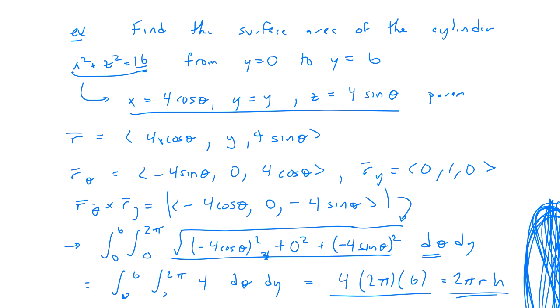So as I said, we didn't really need it. This one you could unroll and see as a rectangle. 2 pi r is the circumference and h is the height, or in this case, the length of the cylinder. So here, very quickly, is the usual quick intro to what we're doing in 3.11.